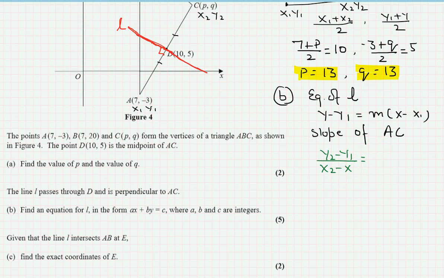So here y2 is 13 minus y1 is minus 3 over x2 is 13 minus 7. So that is 16 over 6. So m of AC will be 8 over 3.